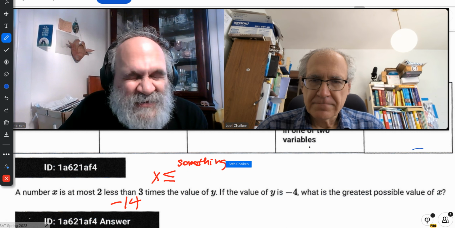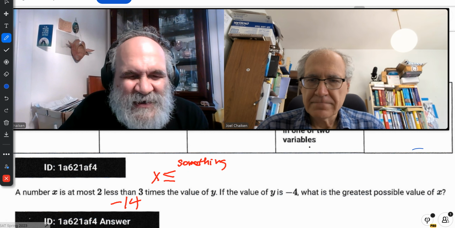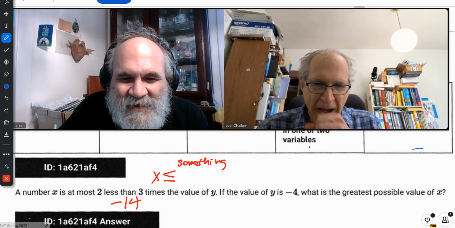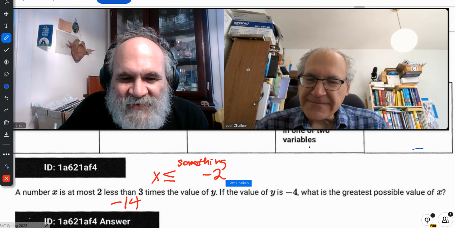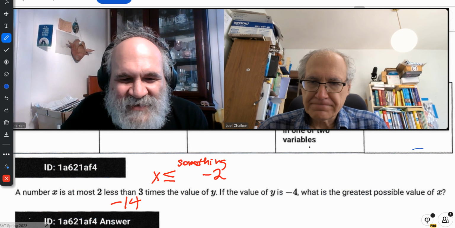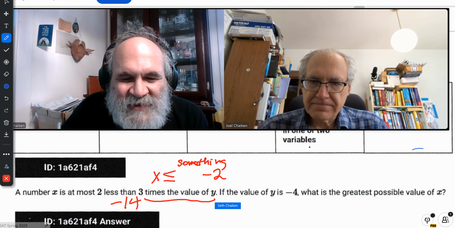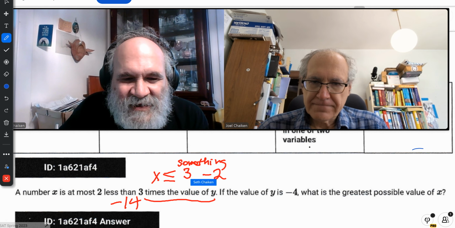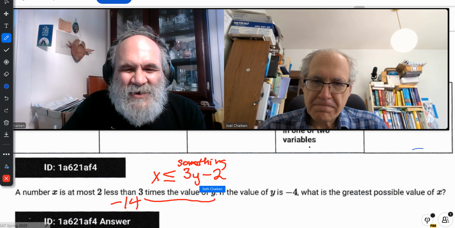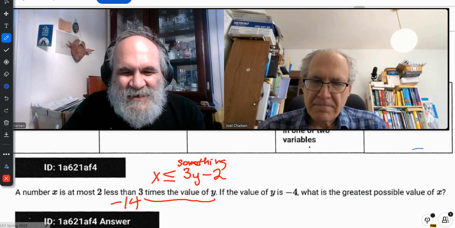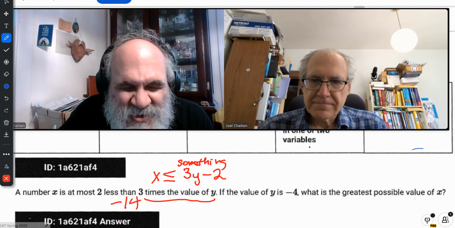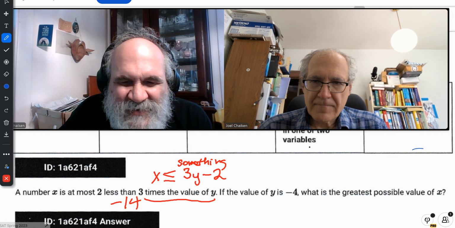Now, what is that something? That something is 2 less than something else. So it's something else minus 2. What's that something else? That something else is 3 times y. So there's our inequality that expresses the relationship between x and y.